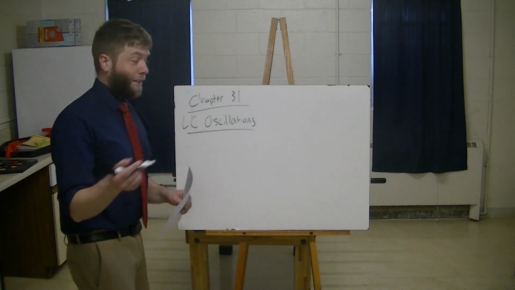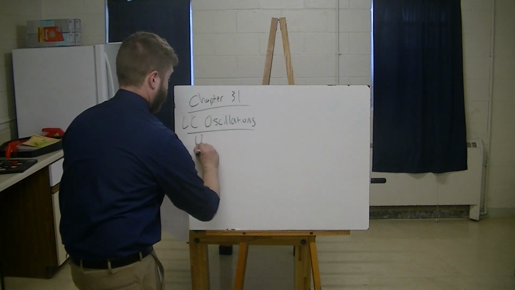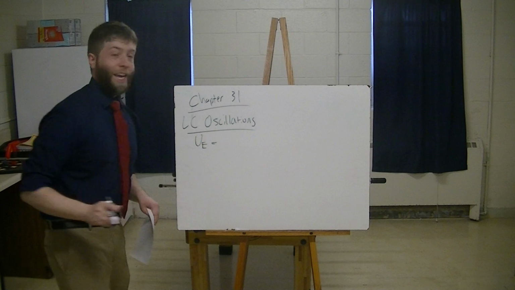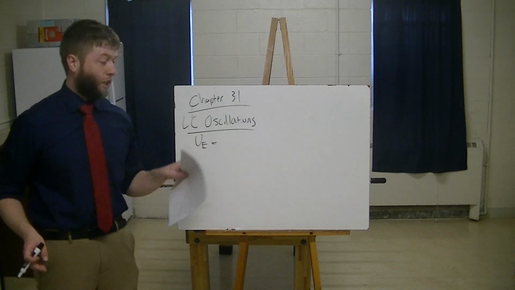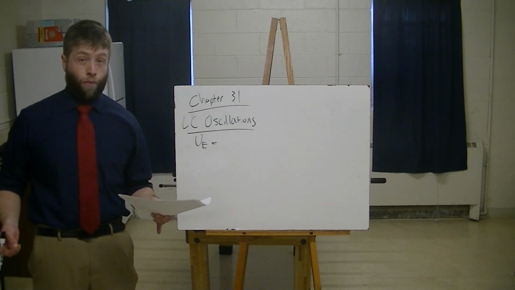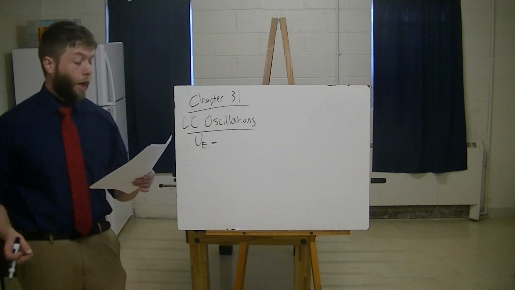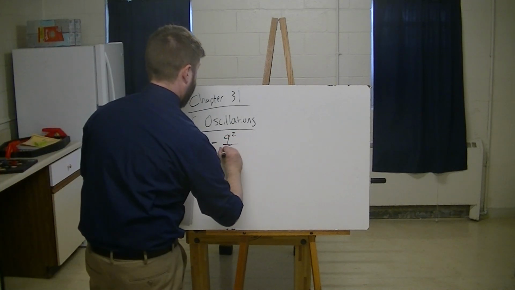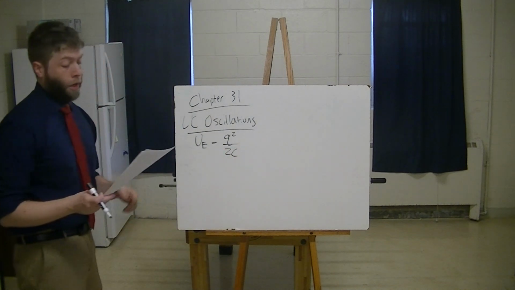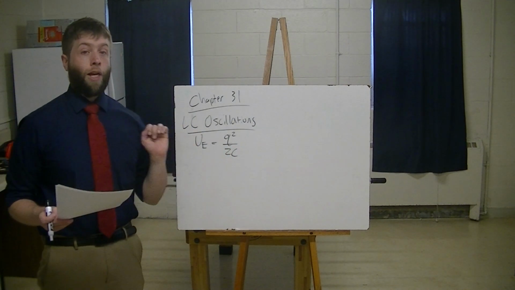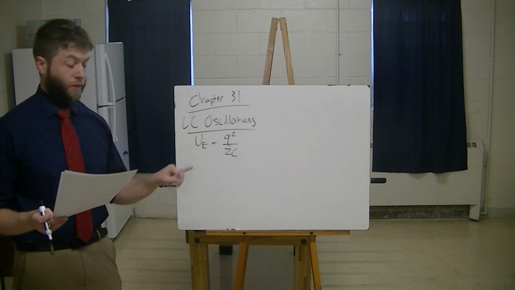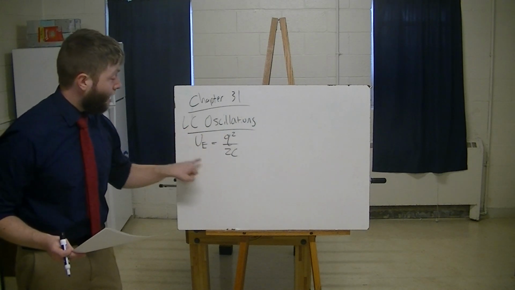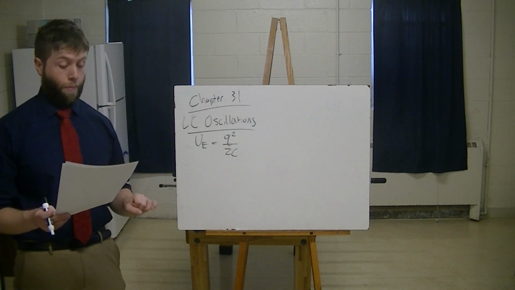The energy inside of the electric field, UE, the potential energy in the electric field, which refers to the capacitor, is equal to Q squared over 2C. That's charge squared divided by 2 times the capacitance. This is the energy stored inside of the capacitor.